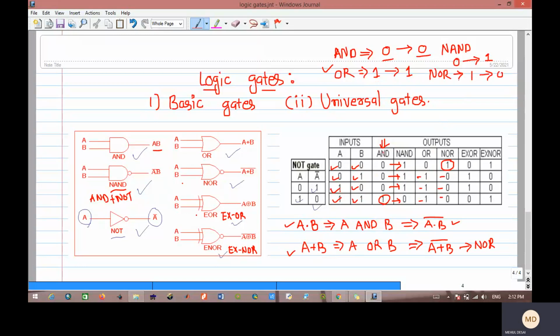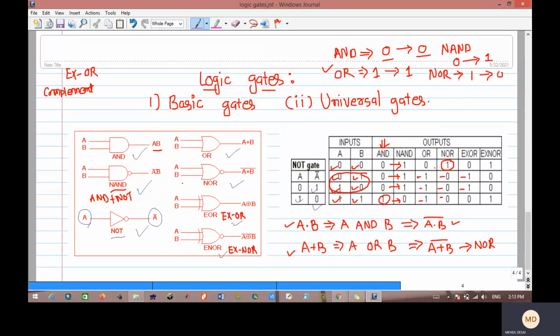Now the next gate is the XOR gate. The definition of the XOR gate is that if both inputs are complements of each other, then the output is 1. Here 0 1 and 1 0 are complements of each other, so for these possibilities the output of the XOR gate is 1.